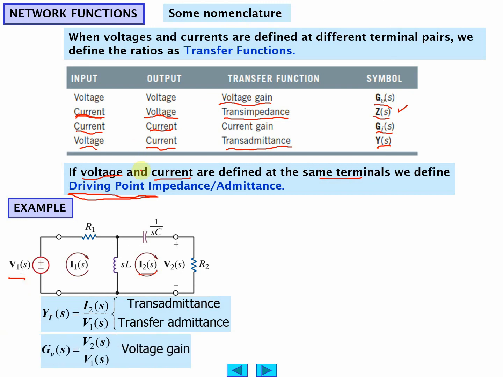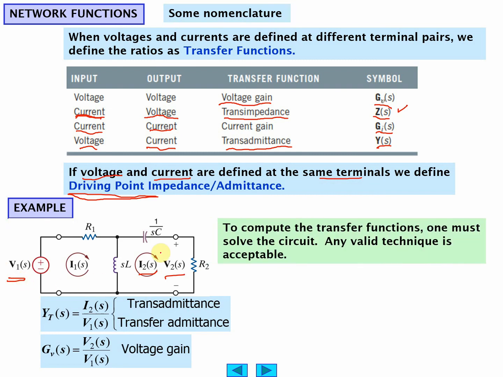The voltage gain, V2 over V1. You have to solve the circuit any way you want. Transimpedance would be similar. You have an output voltage, V2 over I1, and the voltage gain and the current gain, I2 over I1.